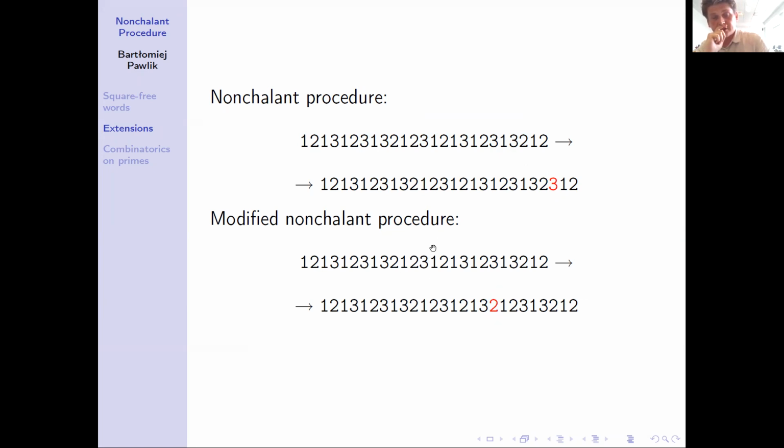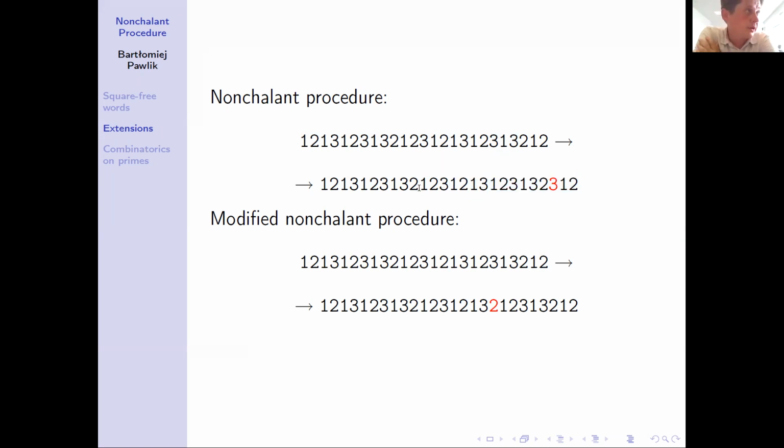Because how does it work? It tries to put 1 somewhere in the word. It tries to put 2 from the rightmost position, and it can put 2 right here. The original procedure tries to put 1 at the end, 2 at the end, 3 at the end. It can't. It tried to put 1, 2, 3 here, and lastly, it tried to put 1, 2, 3 here, and it's a square-free word.